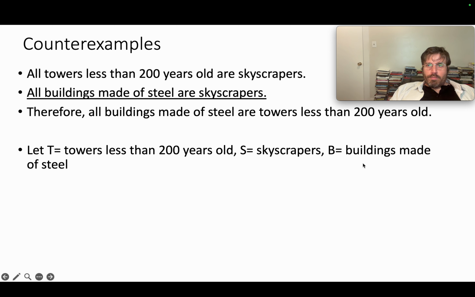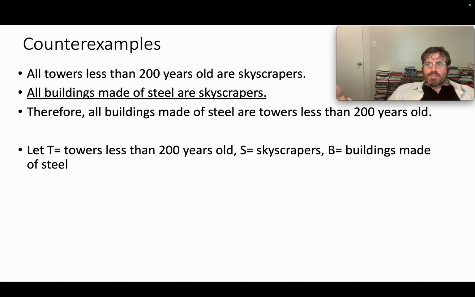So let's formalize the argument and bear down the content into its underlying structure in order to provide the counterexample. Let's use the letter T to symbolize towers less than 200 years old. Let's use the letter S to represent skyscrapers. And let's use the letter B to represent buildings made of steel.